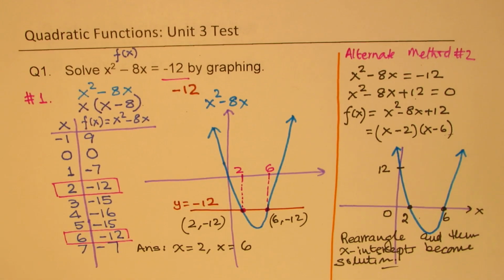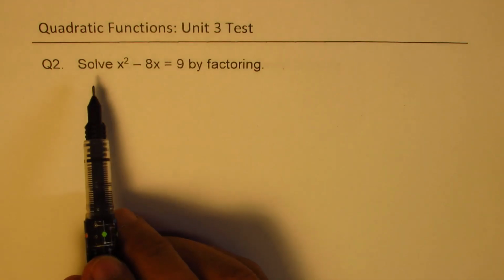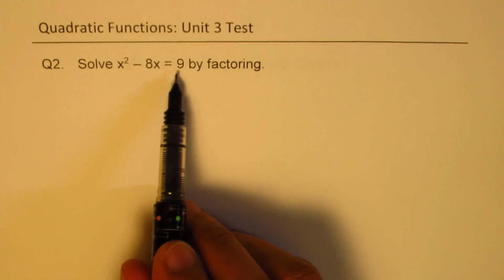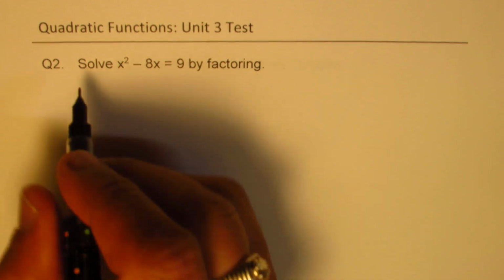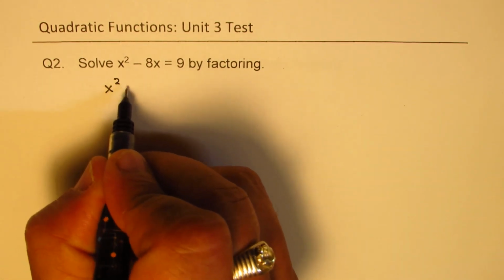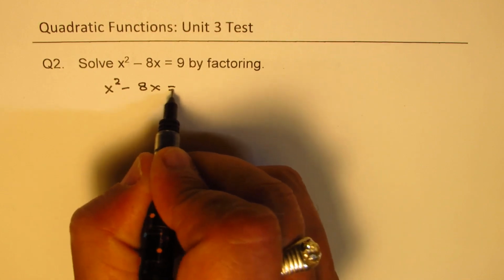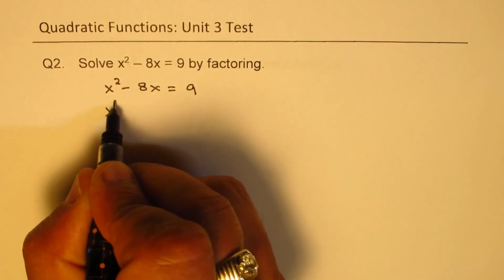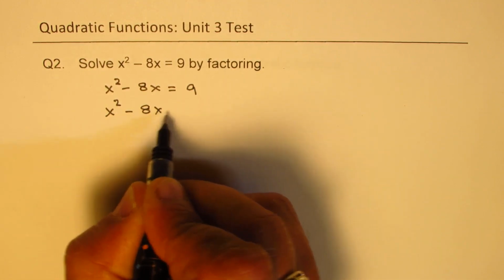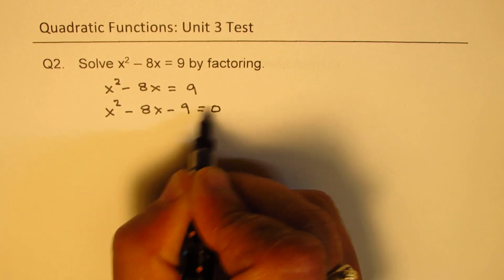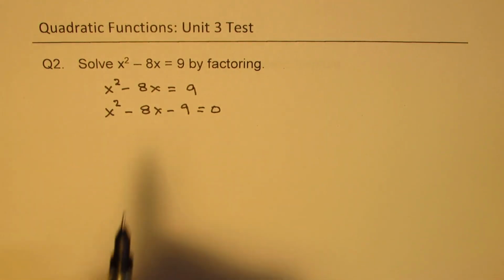Now let's look into question number 2. Solve x squared minus 8x equals 9 by factoring. So we can write this equation x squared minus 8x equals 9 as x squared minus 8x minus 9 equals 0. Now we have a trinomial which we need to factor.